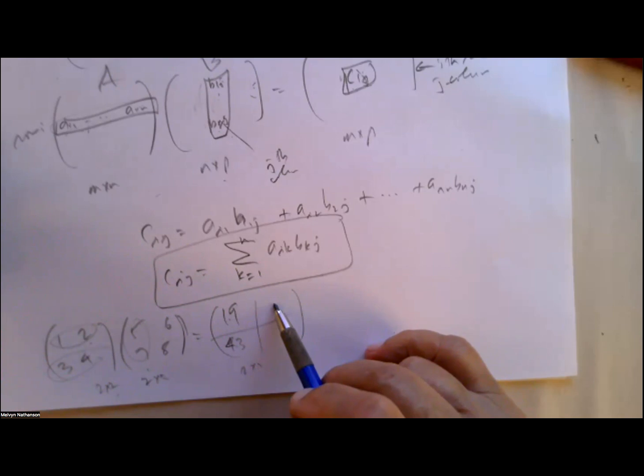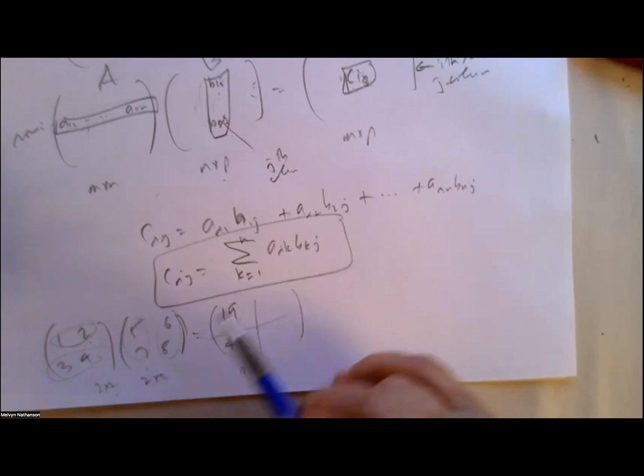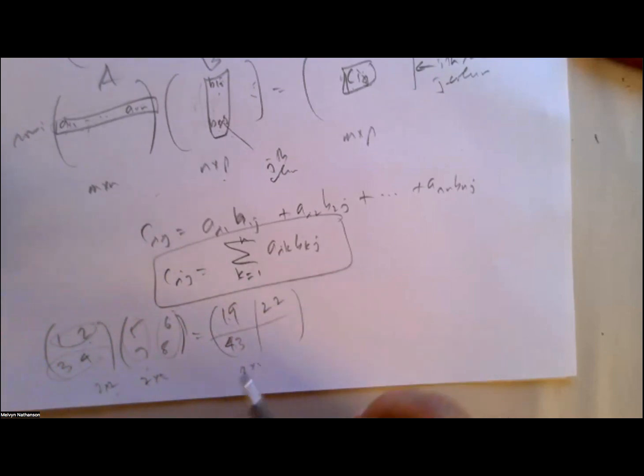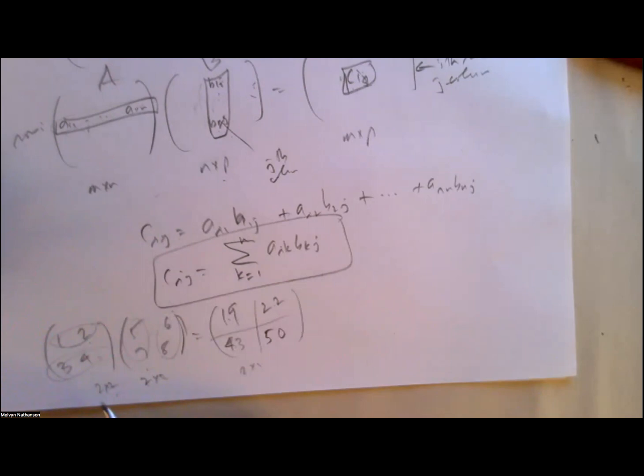First row times the second column, 6 plus 16 is 22. Second row, second column, 18 plus 32 is 50. So the product of these two matrices is this. So what you should do is spend a minute and just carry out this calculation and make sure you get the same result.